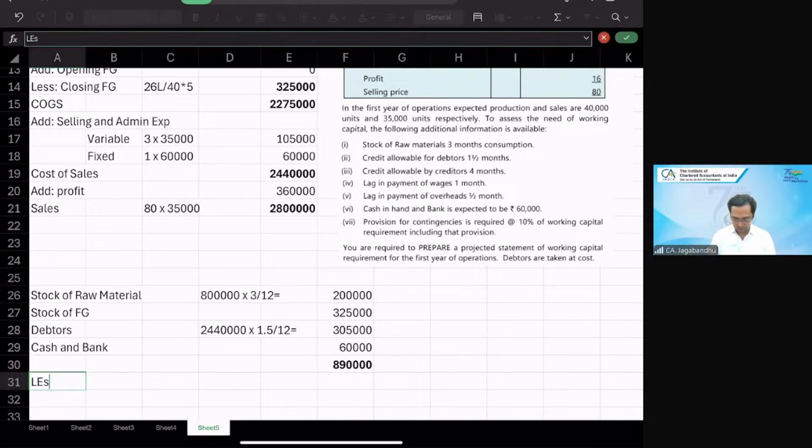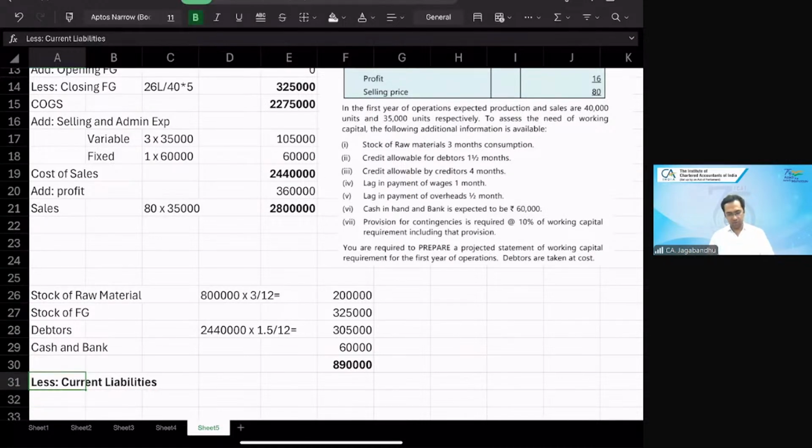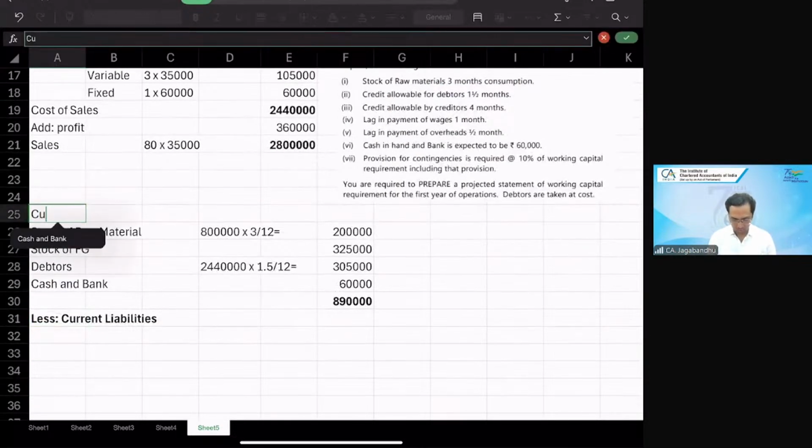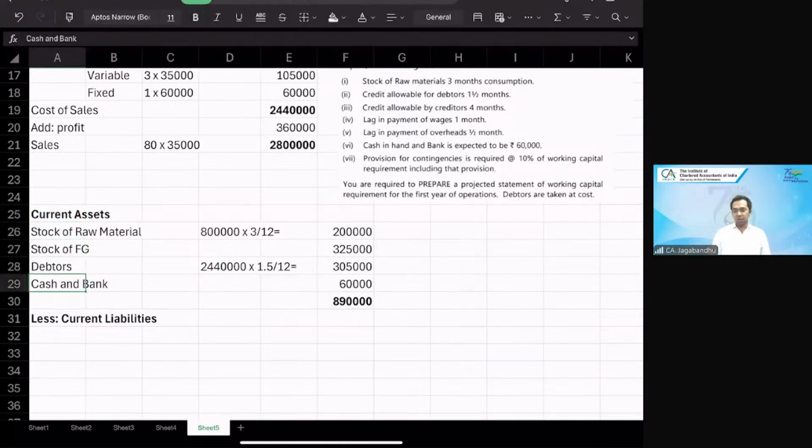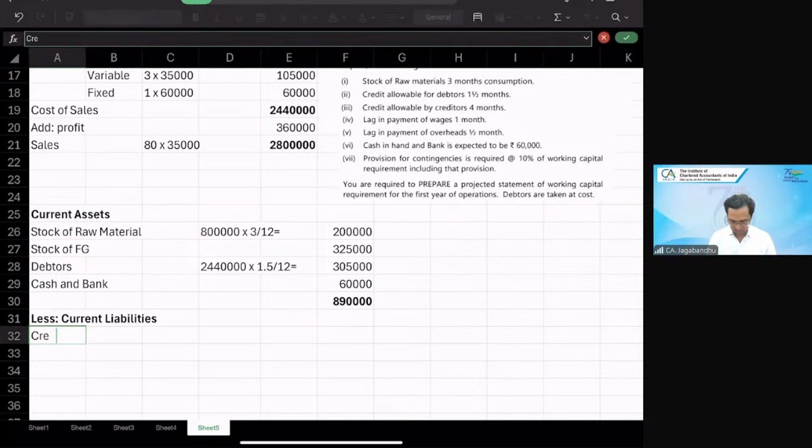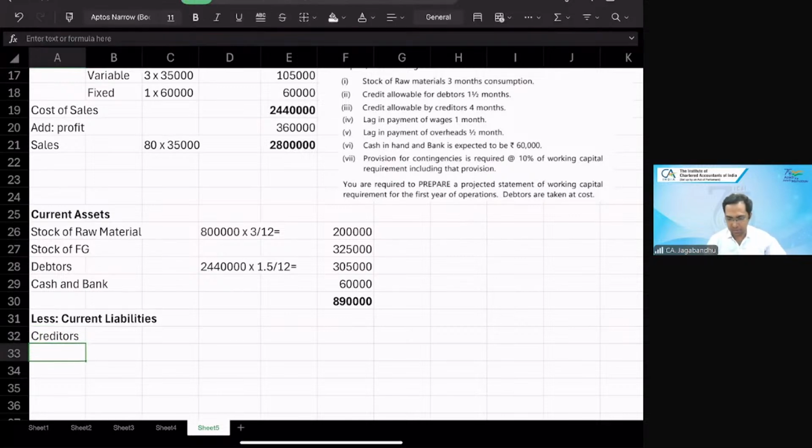From that, we are going to reduce the current liabilities. In current liabilities, we are going to have creditors. Credit allowable for creditors is 4 months.